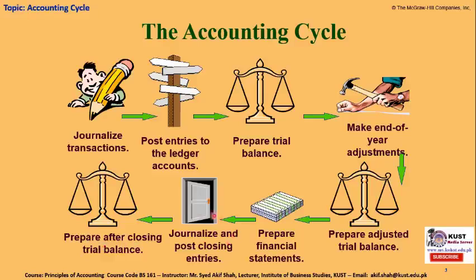Therefore, after closing the four basic nominal accounts, we will make an after-closing trial balance, and here our accounting cycle will complete. Dear students, we are in our first step, to journalize the transaction. Therefore, the discussion will consist of the importance of debit and credit rules and how to journalize these entries in a journal format.